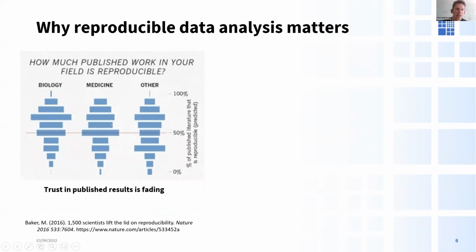At the top of this histogram, 100% indicates that everything is reproducible, and that's not actually the case. The median is somewhere around 50% to 60% confidence in reproducibility, which showcases that there's really a problem in scientific studies as well.